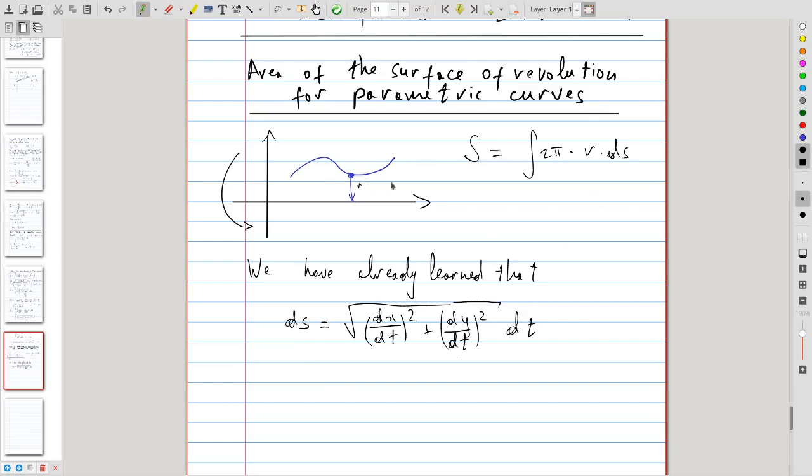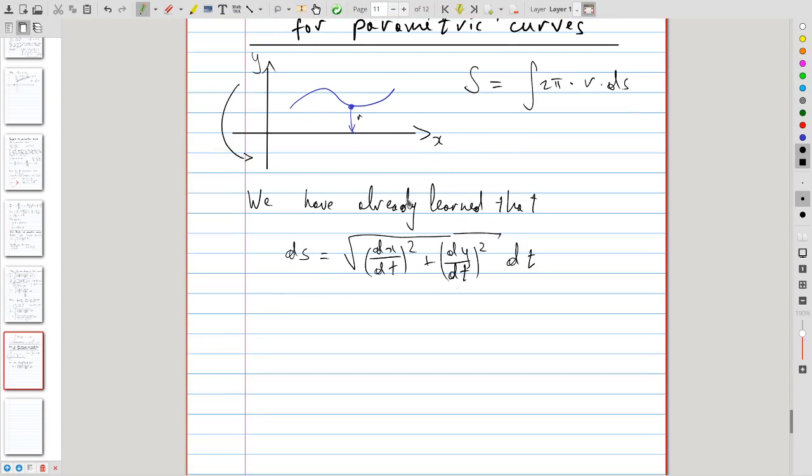And then we will need to determine what r is, and that is really simple. Say, for example, we are rotating around the x-axis as we do in this picture. What we would do is write s equals the integral, say from a to b, and then we'd have 2 pi times the radius of the rotation, and in this case the radius of a point in the graph is its y-coordinate.